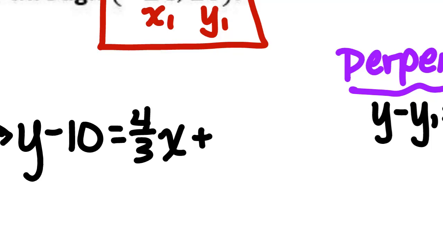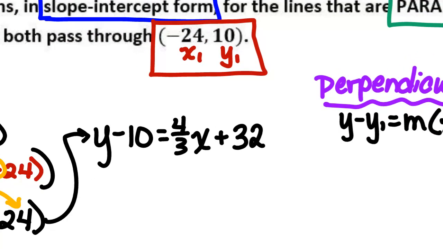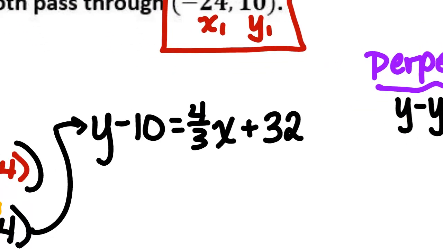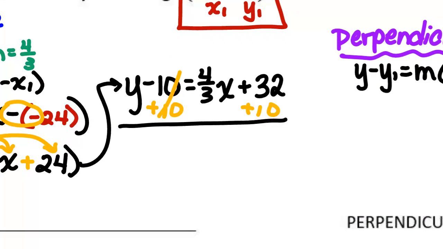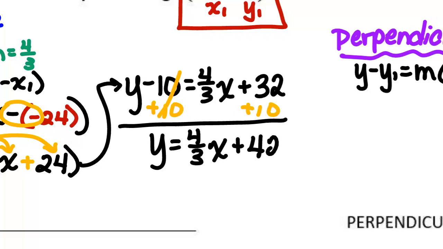You said what? It's going to be a positive 32, because remember that I had minus negative, so that turned to a plus. And I have a positive 4/3. So plus 32. Add 10 to both sides. So slope-intercept form for my parallel line would be y equals 4/3 x plus 42.